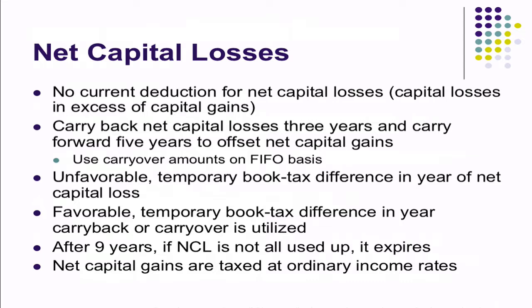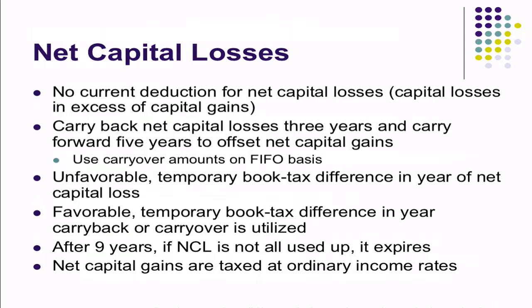Okay? And then what happens, this is one of those temporary book tax differences that reverse. So if you've got a net capital loss, an NCL, somewhere in this year that you can't deduct, but you carry it back, you can reduce your capital income by that amount.